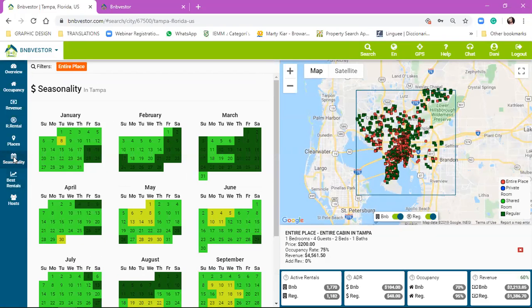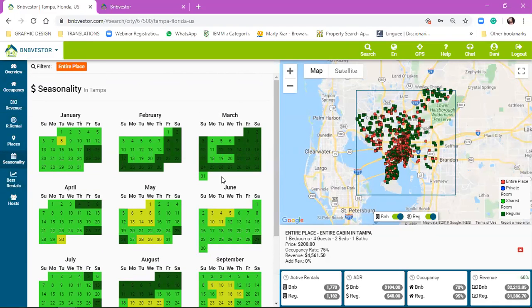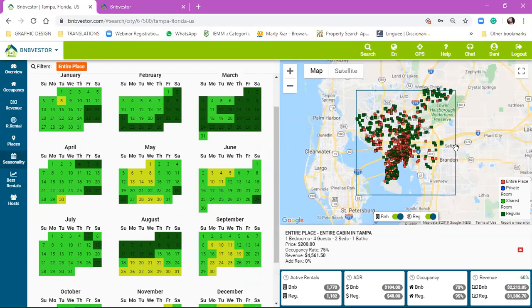Then we have seasonality. This part is very important because it's tied to best rentals and revenue, because apart from dividing the calendar by month in this area, it's going to tell you when's the high season. And second, you can see the average occupancy and average daily rate.